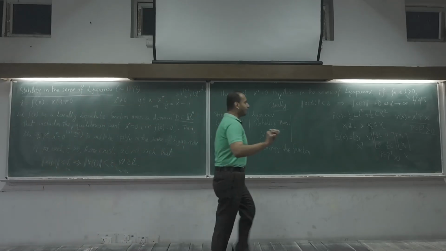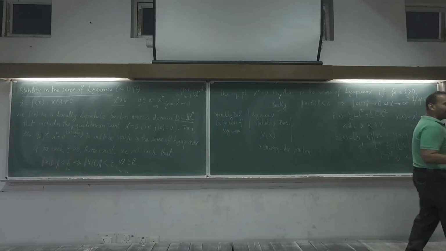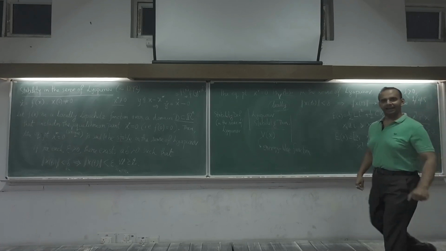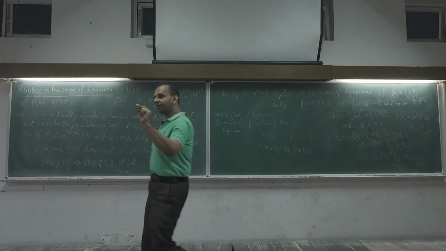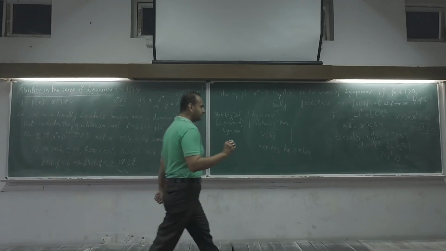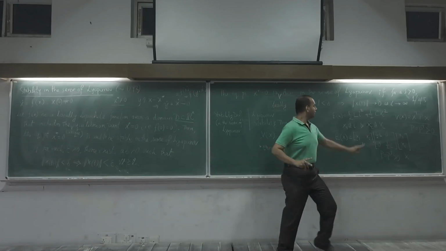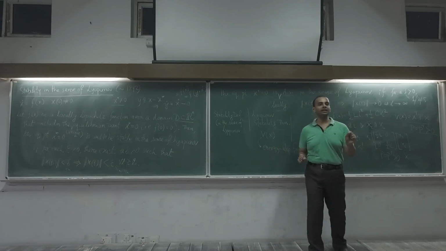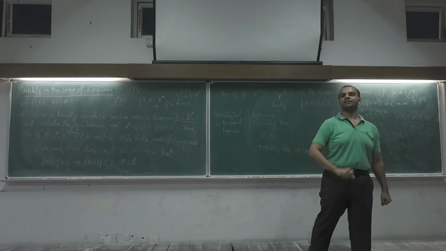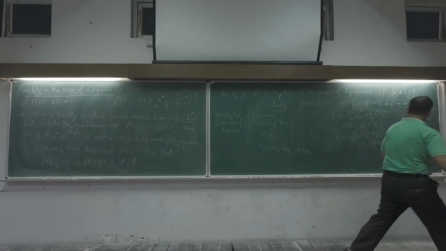So the generic term is energy-like function, and an even better term is Lyapunov candidate function. Now there are 3 properties for a V of x to qualify as a Lyapunov candidate function. Not all V functions qualify as a Lyapunov candidate, okay?